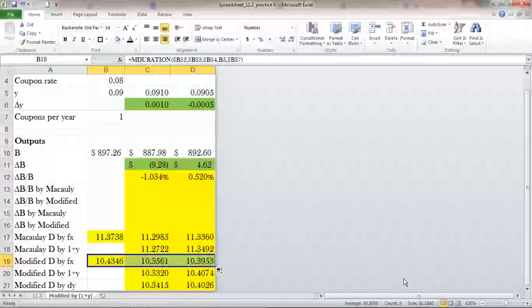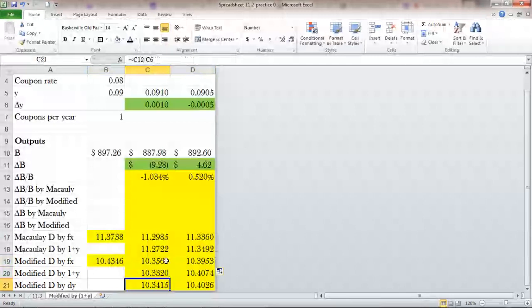I mean, this small discrepancy is due to small differences in formula, and especially Excel's built-in function has settlement date and maturity date.